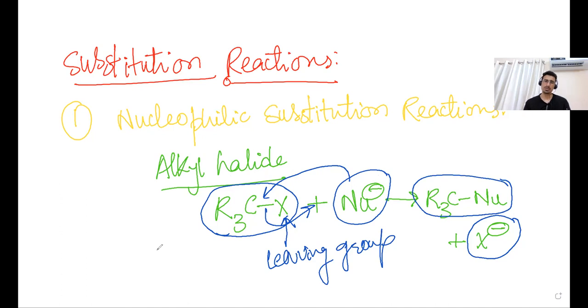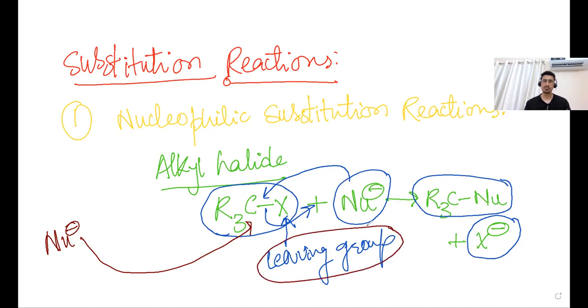So what happens? This nucleophile attacks at the carbon of this alkyl halide and removes this X group from there. Okay, so why does this happen? We all know that every reaction that takes place leads to a decrease in total energy.